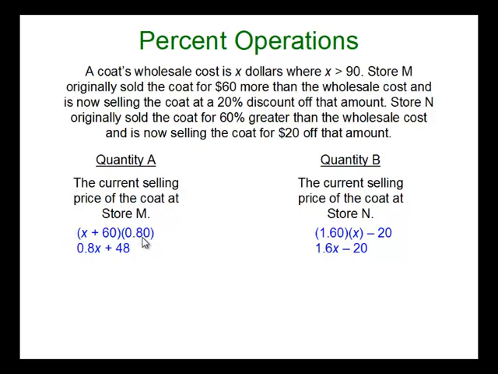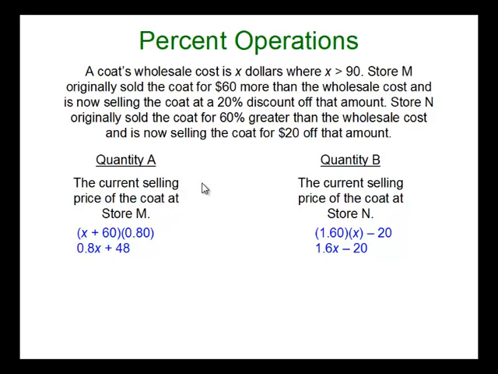And that change happens to that first price they sold it for. So 0.8 times this entire thing. And the thing I want to point out here is that order of operations is critical. They're taking that 20% discount not only on the wholesale cost of the coat, but also on the $60 markup they originally made. Okay, so parentheses are your friends here. Keep using those.